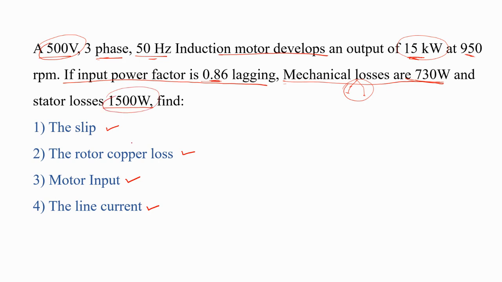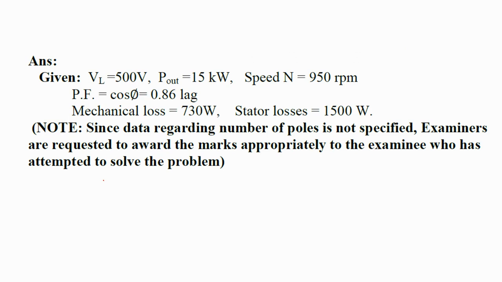Okay, now we have to calculate slip, rotor copper loss, motor input and line current. So the given is VL, that is line voltage, 500 volt. If the voltage is not specified as phase or line, then we will consider it is line voltage.